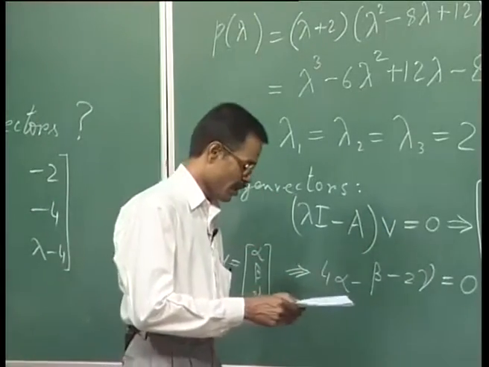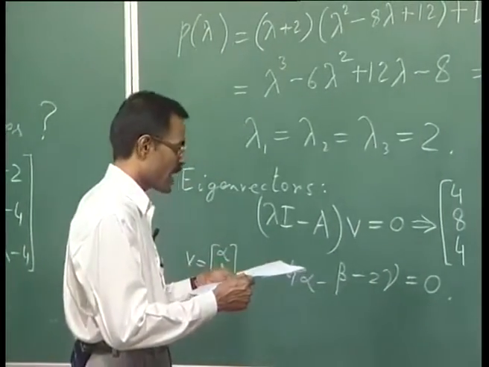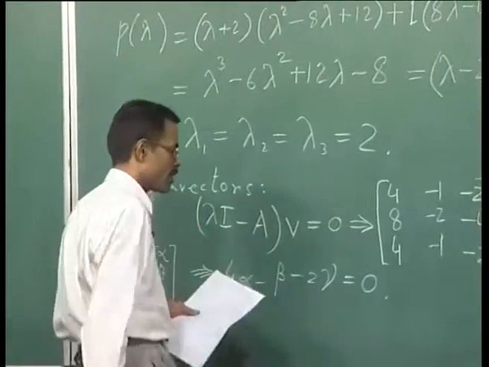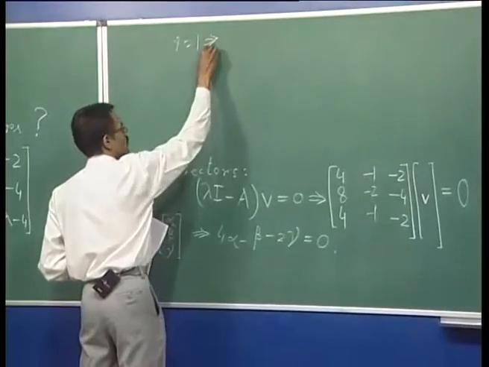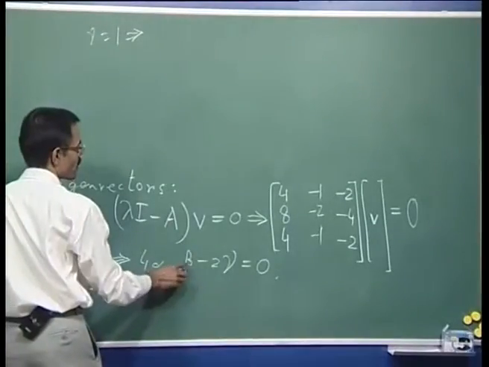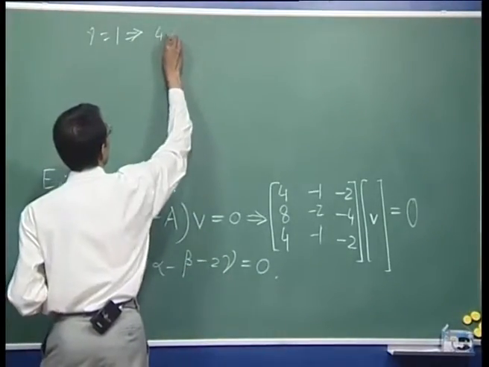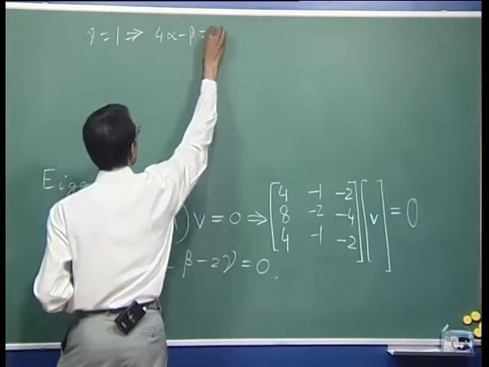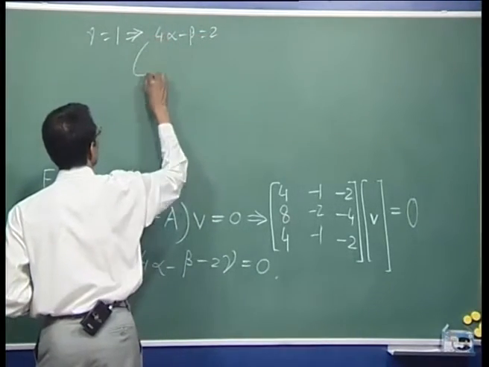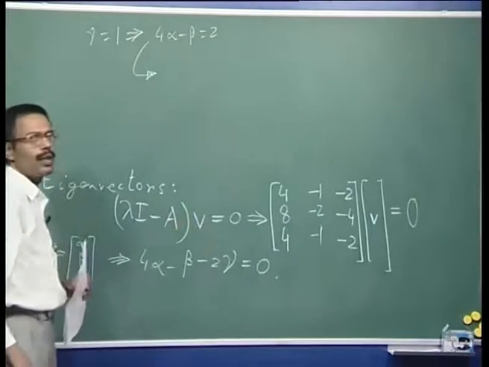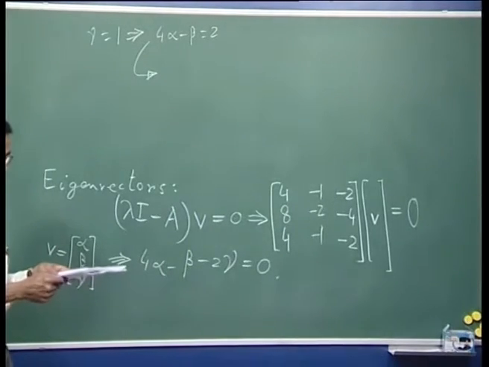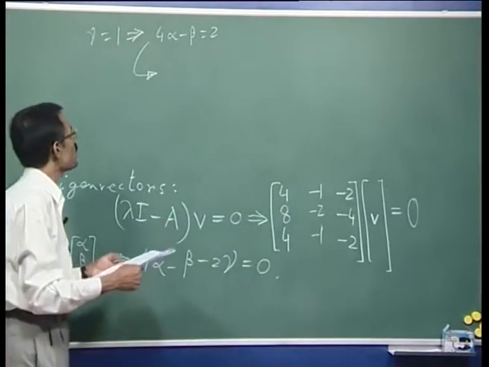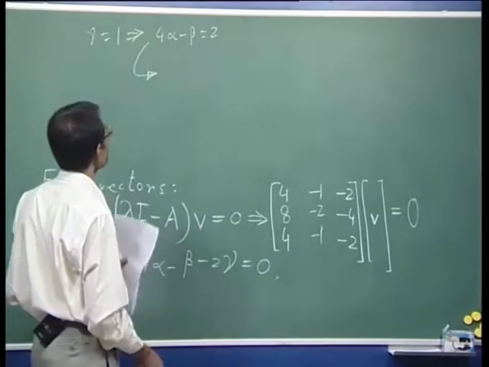So, suppose we set gamma equal to 1, that will give us 4 alpha minus beta equal to 2. That means that still we can choose alpha and then we will get beta, right. So, different choice of alpha will give us different beta. So, for example, suppose we choose alpha to be 0.